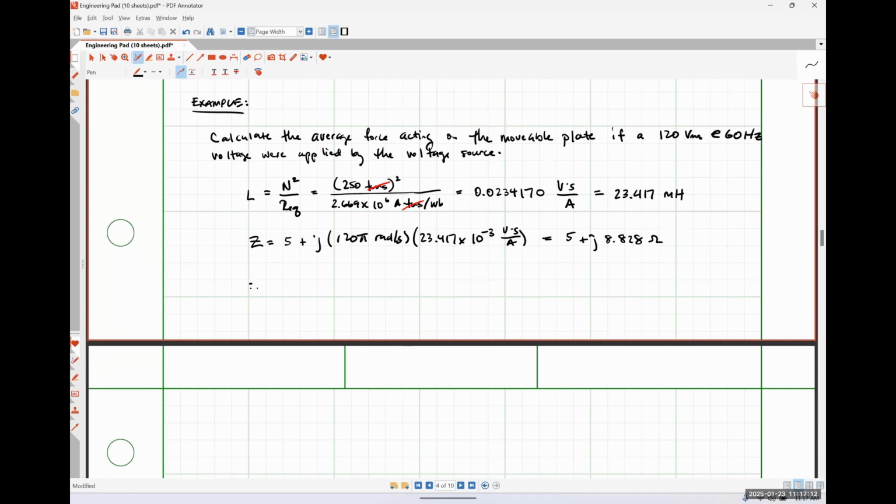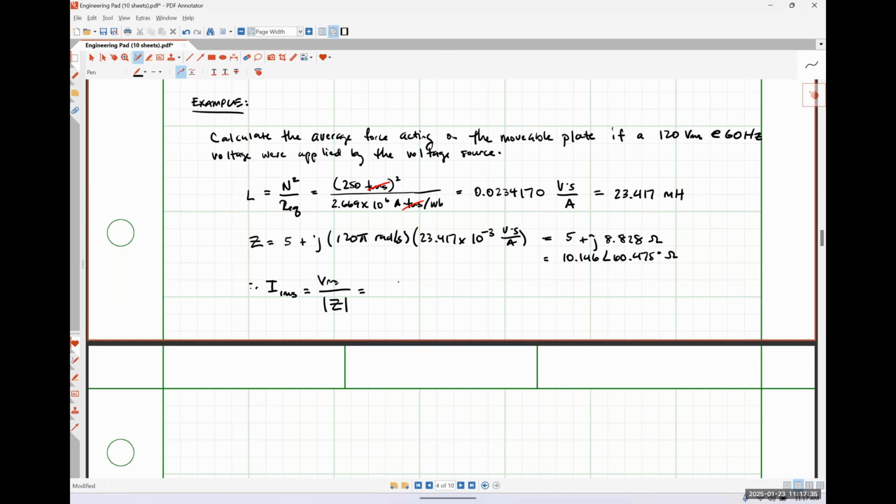So the magnitude of our current, which I'm just going to call I RMS, is going to be the magnitude of our voltage divided by the magnitude of our impedance. So I could write this impedance for what it's worth as 10.146 angle 60.475 degrees ohms.